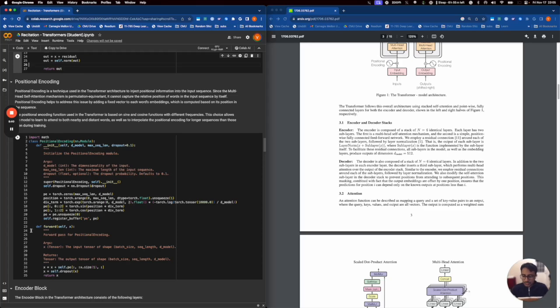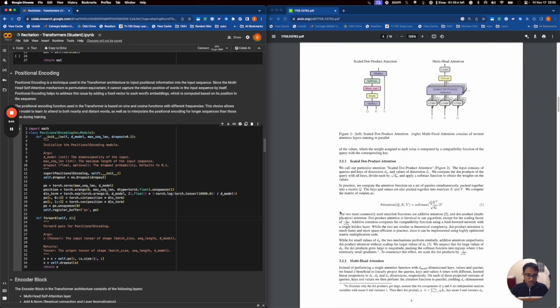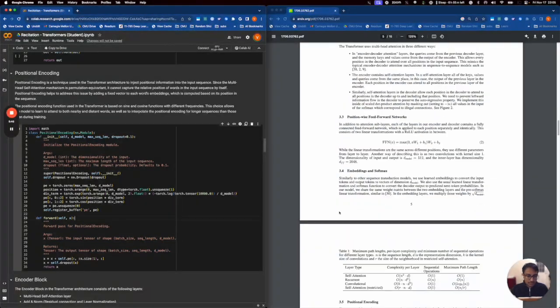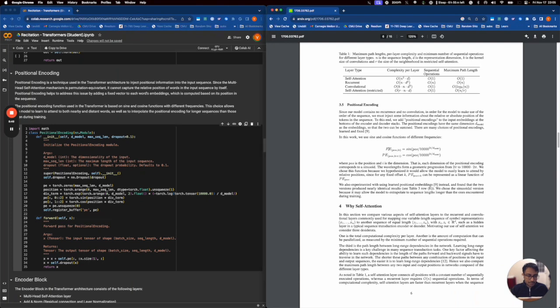So you have a tensor of zeros, and this is the formula I think you would have right here. Position for 2i, position for 2i plus 1, which is the sine of the position divided by 10,000 to the power 2i by d model, which is the exact same thing we do here.